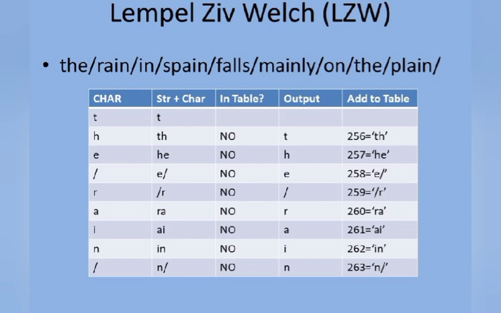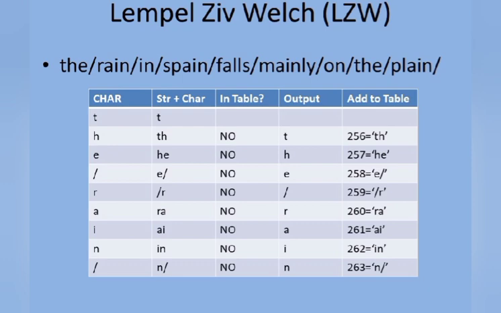After h, we are going to read e, and the new string will be he. Does this he exist in the table or not? The answer is no, and we are going to output the previous character. This he will be placed in the table at position 257.